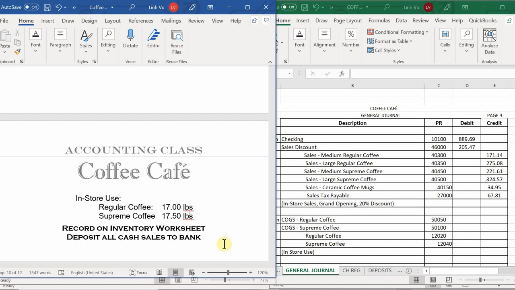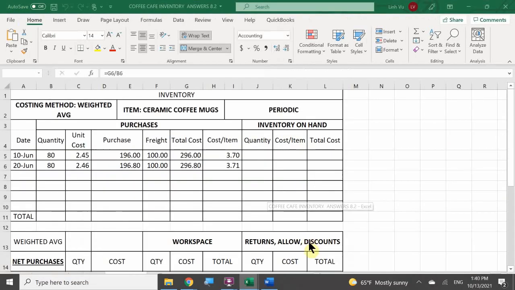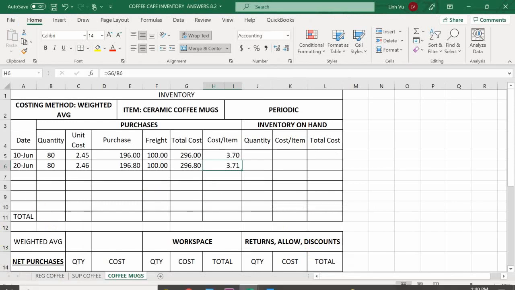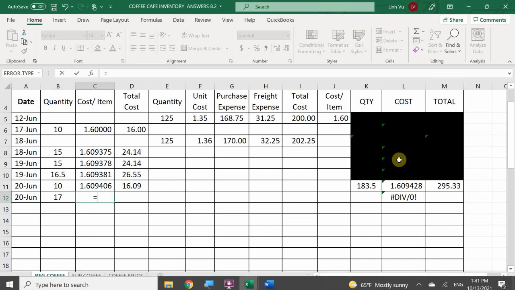We have to go to inventory first, no? That's exactly what we're doing. We're going to the inventory worksheet to solve for those numbers. In this case, regular coffee, we used 17 pounds of the regular coffee. At what purchase price?